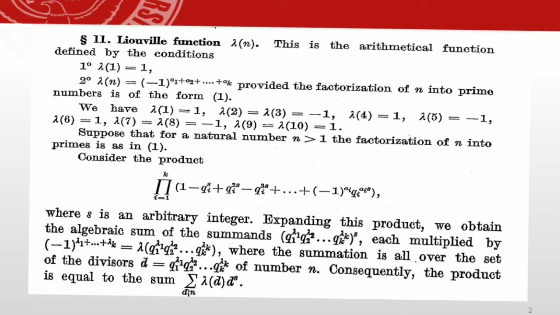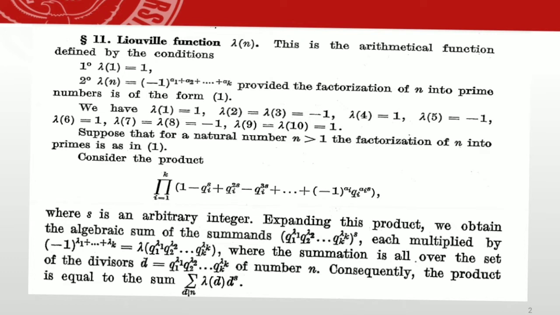Suppose that for a natural number n greater than 1, the factorization of n into primes is as in (1). Consider the product, this formula, where s is an arbitrary integer.